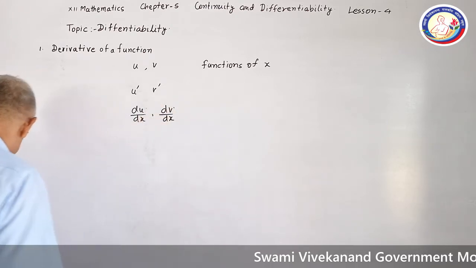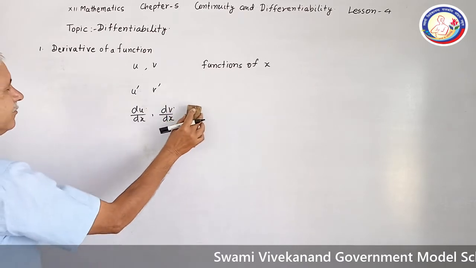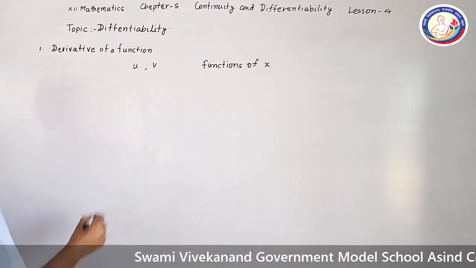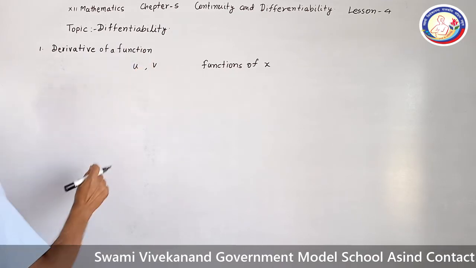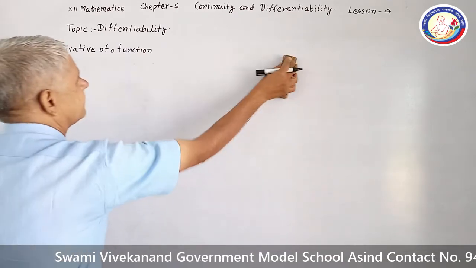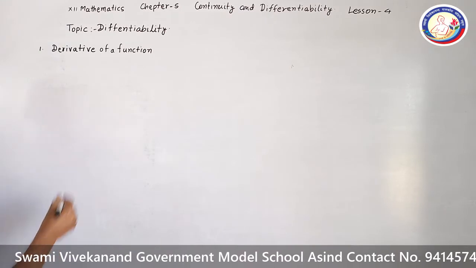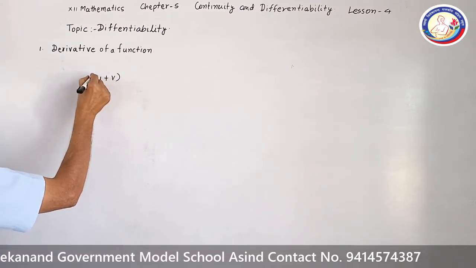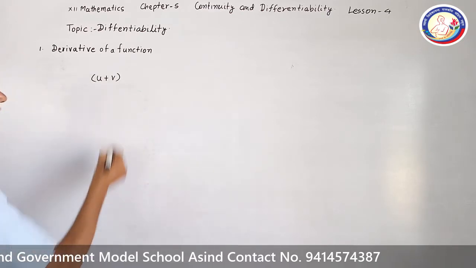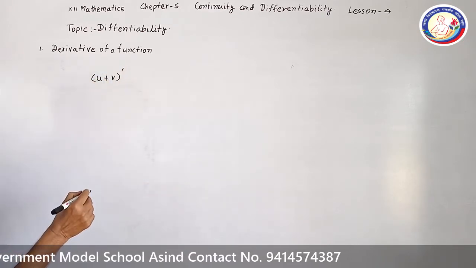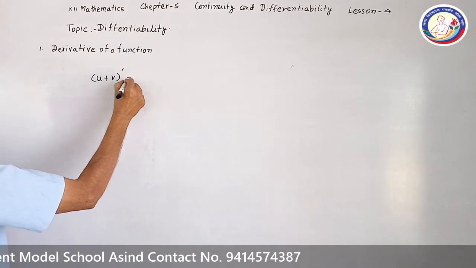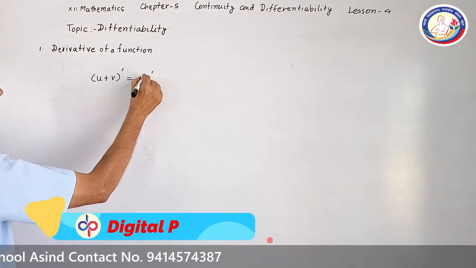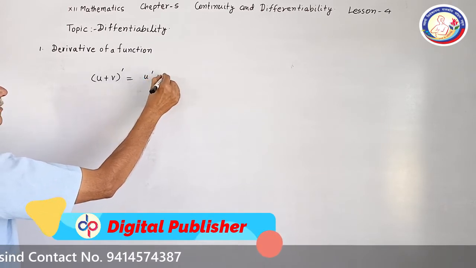So first, if there are two functions given, the derivative of the sum of two functions or the difference of two functions is given by, if u and v, this is the sum of two functions, and we have to find the derivative of the sum of these two functions, it will be u prime plus v prime.